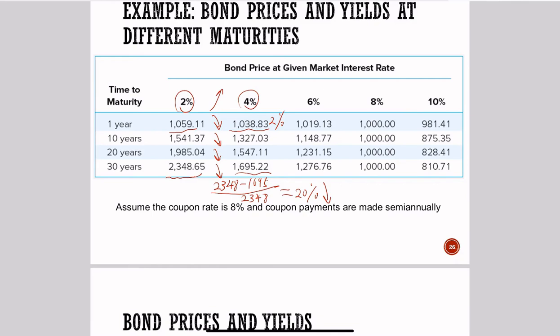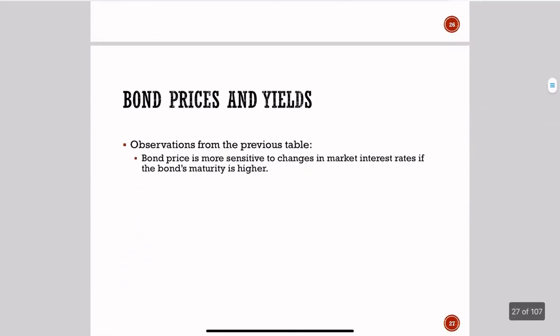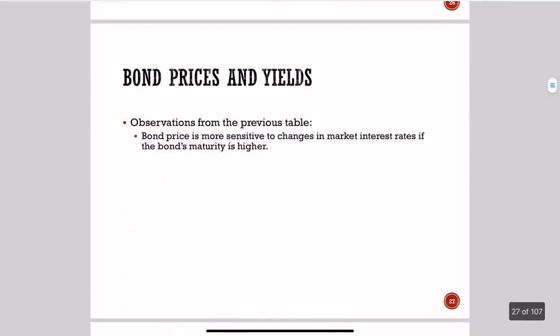Obviously, for the same changes in the interest rate, the decrease in bond price is much larger for this 30-year bond. So what's the lesson here? Well, the lesson here is bond price is more sensitive to changes in market interest rates if bond maturity is higher.